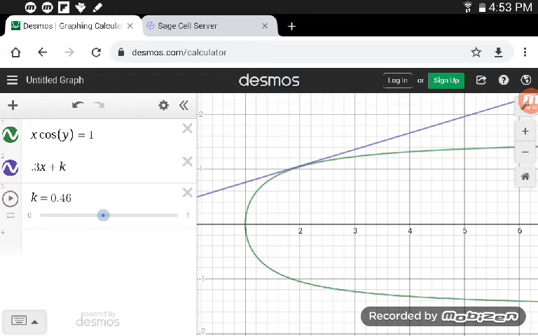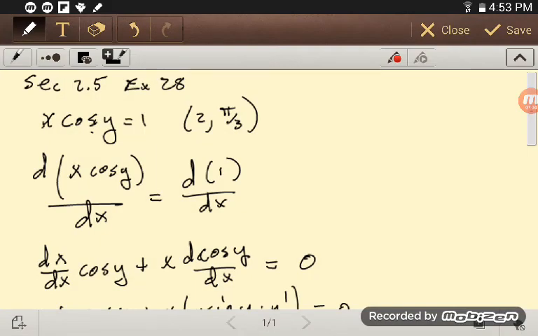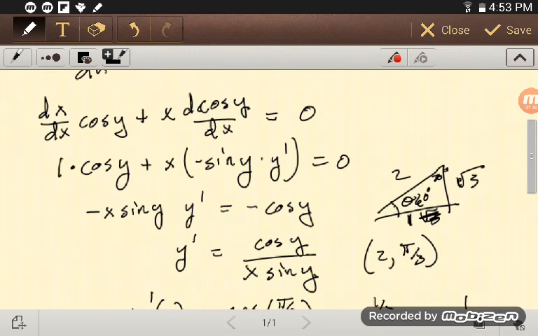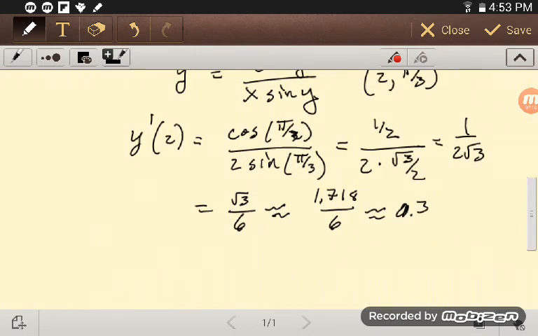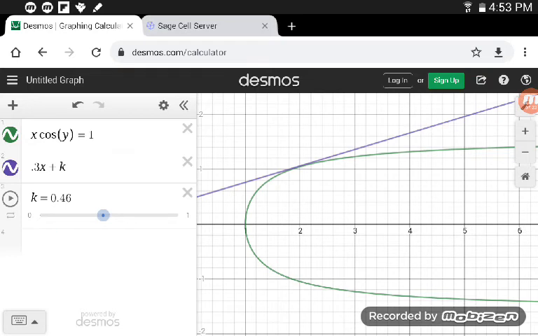Okay, and I could actually check, again, if I go back here, all right, the derivative we set at 2 was the square root of 3 over 6. Okay, again, Desmos is a calculator. Let's just find out what the square root of 3 over 6 is.